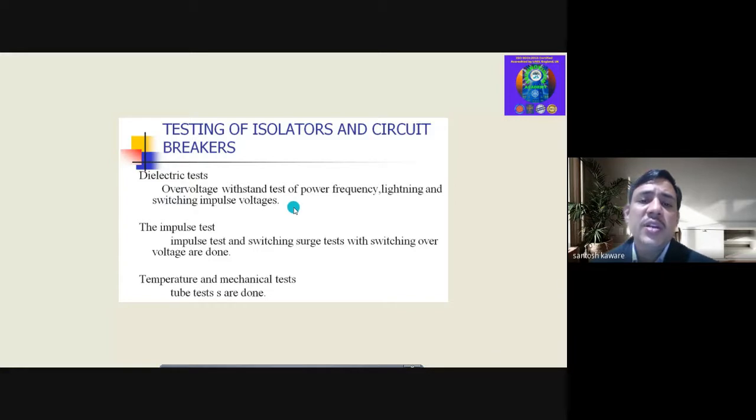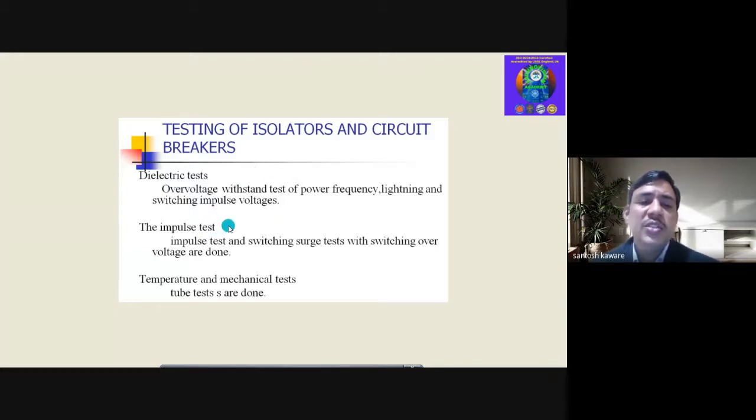For isolators, they check by fitting the blade, jaws and all these parts on the insulator in the factory, and then they test them with different tests. So overvoltage tests are carried out like power frequency, lightning, and switching impulse voltages. Especially for protection from power frequency, lightning and switching impulses, the dielectric tests are carried out. Then another is the impulse test.